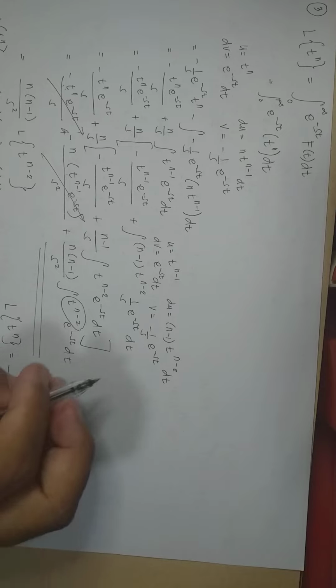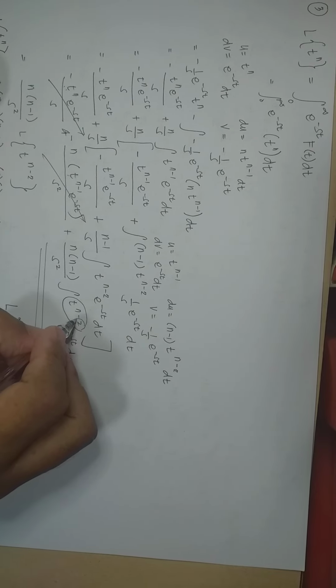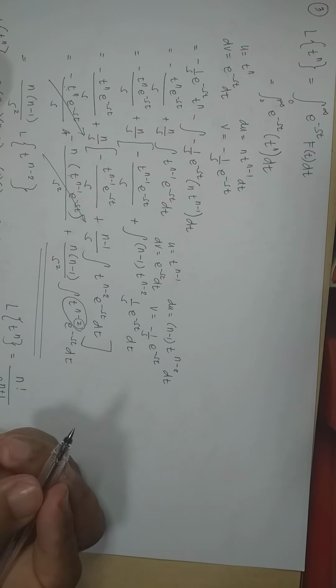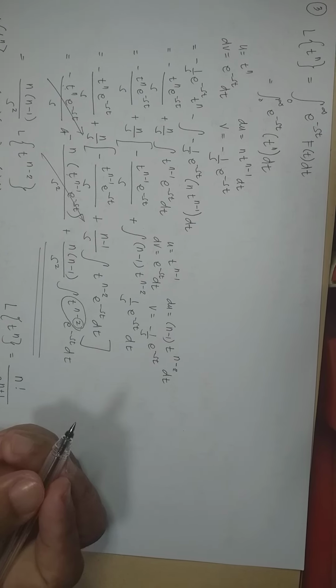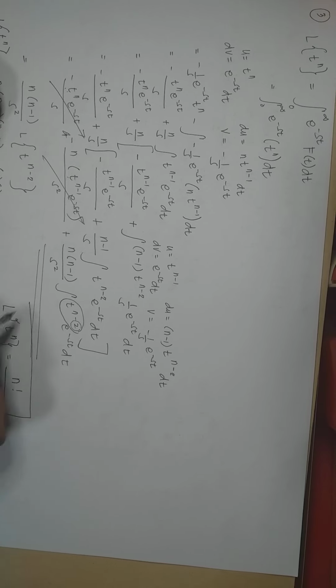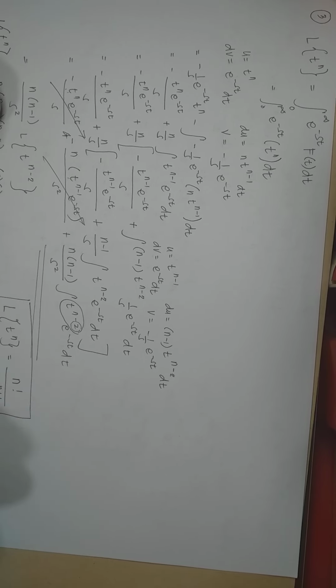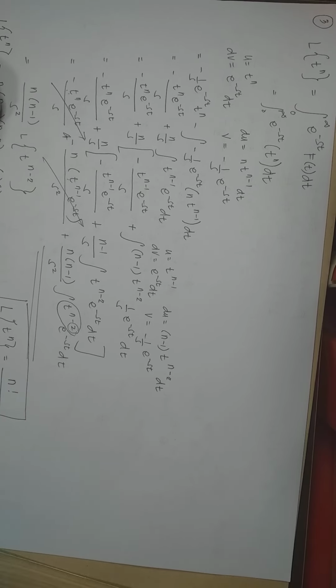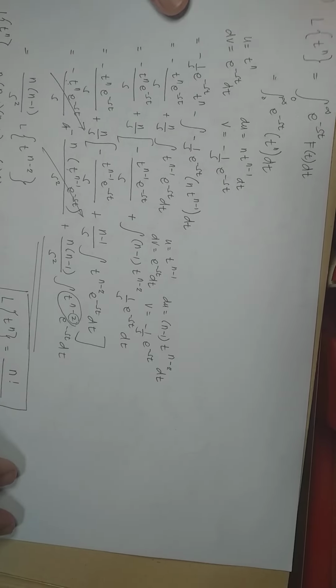Okay? So, the defining factor here is the subtrahend or subtractor in the n. So, in general, the formula for the Laplace transform of t raised to n is equal to n factorial all over s raised to n plus 1. Okay? Next.